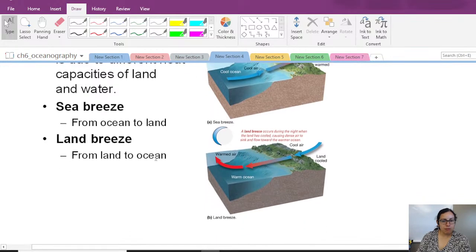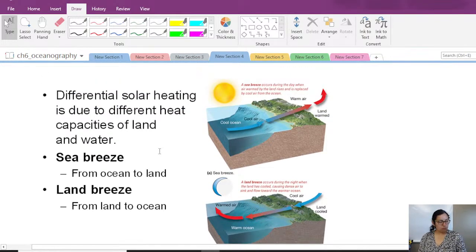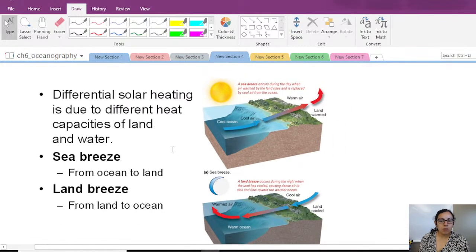And so we also have effects due to land and sea heating. A sea breeze is from the ocean to the land.